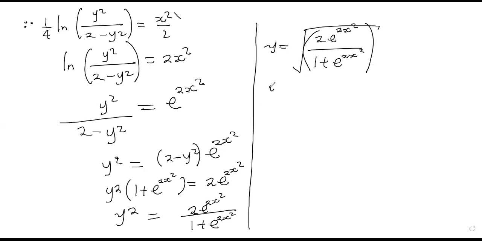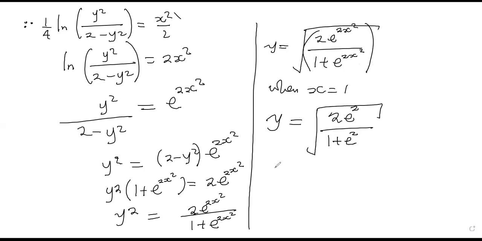So when they told us at the end that we substitute x is equal to 1, so when x is 1, y will be equal to 2e squared, because x is 1, so 2e squared over 1 plus e squared under the square root. And that is what the proof just required. Well, that is how it would be approached.